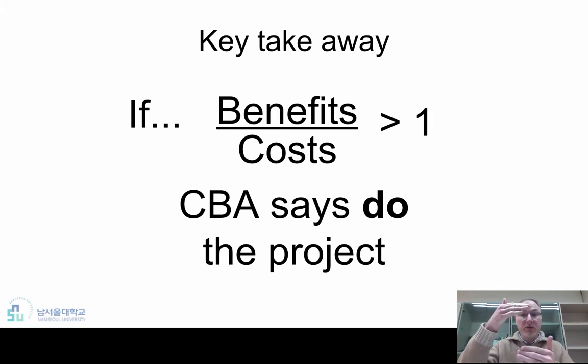If benefits are greater than costs, the benefit to cost ratio is greater than 1.00. And if that's the case, cost benefit analysis generally says that you do the project, whatever it is, because the investment is lower than the returns, here being the benefits.